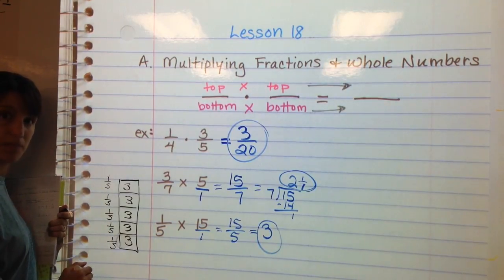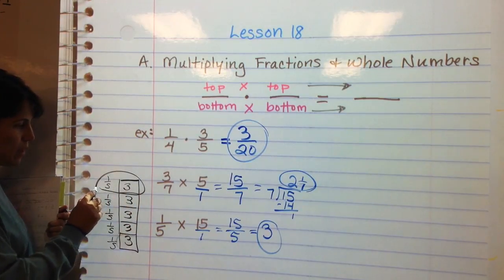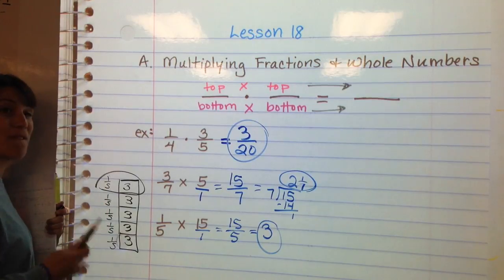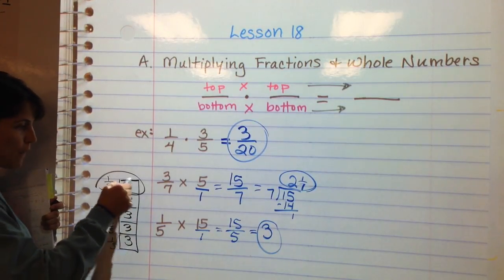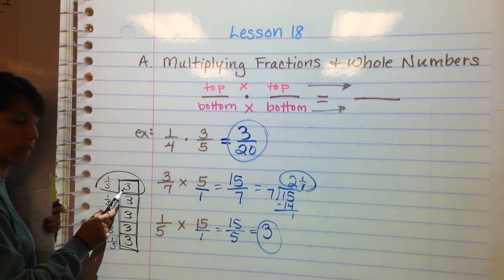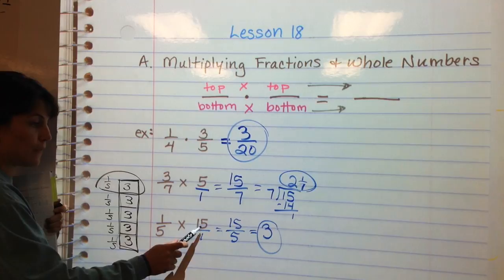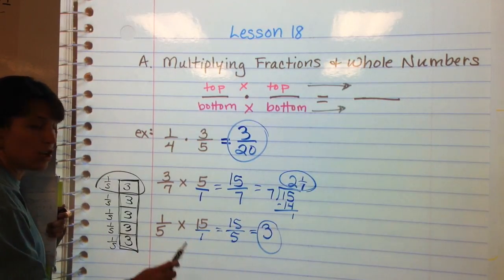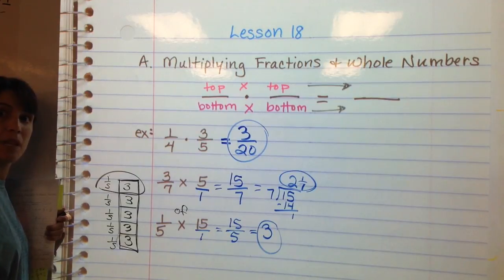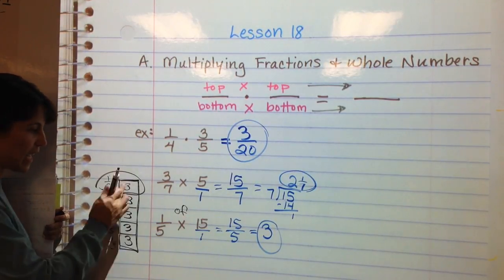For 5/5. So 1/5 is 3. Well, isn't that what we got? So I just said 1/5 of the whole 15 is 3, and 1/5 times 15 is 3. So another word I can put here is of. 1/5 of 15 is 3.